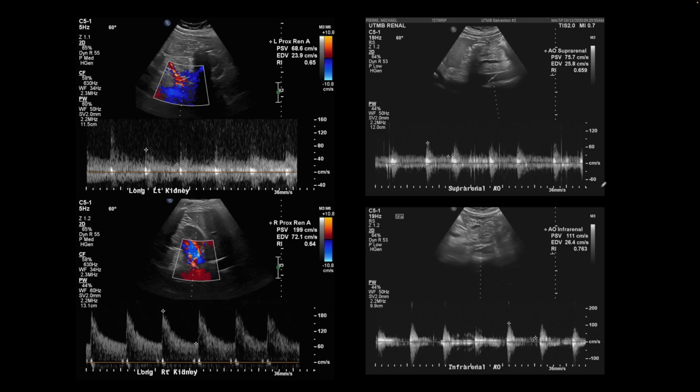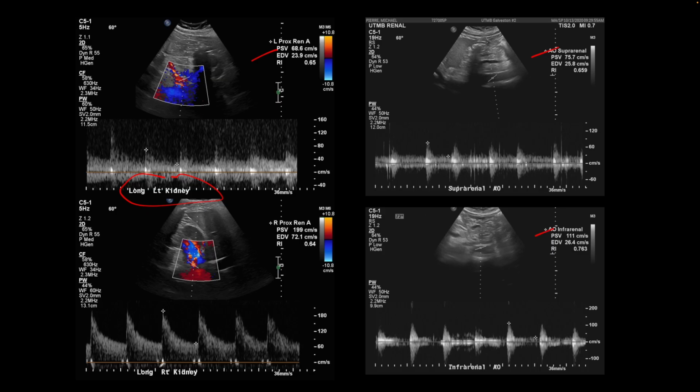Next patient was evaluated for renal artery stenosis as the cause of their refractory hypertension. Long axis view of the left kidney showing that the velocity in the left renal artery is normal. Then we have two measurements of velocity in the aorta above or superior to the kidney, and the velocity in the aorta below or inferior to the level of the kidneys.